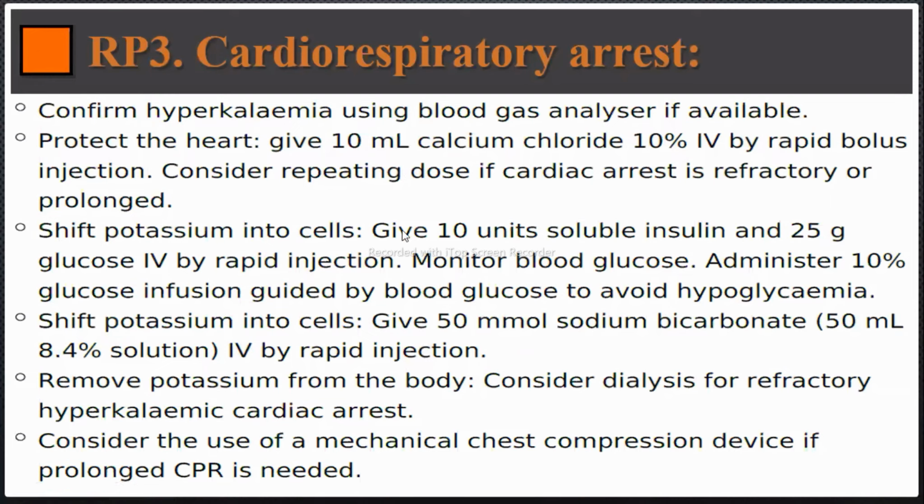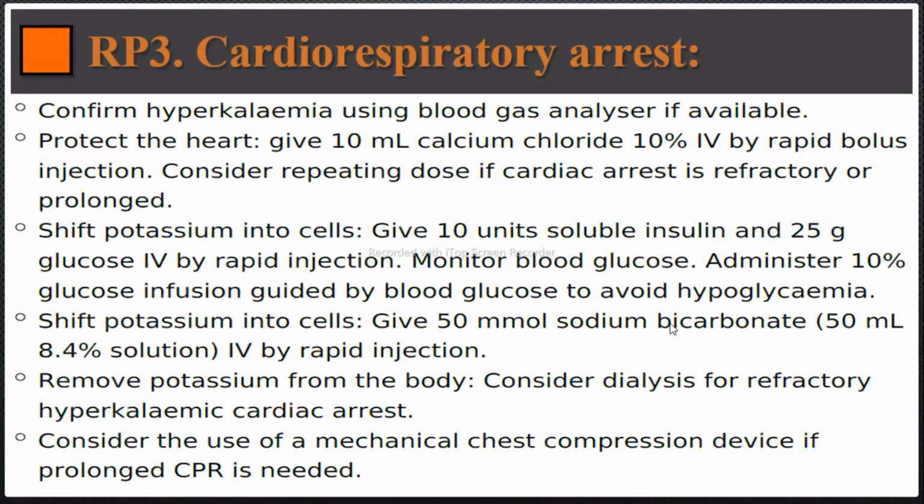So here, what else can you give rather than calcium chloride? You can give insulin and dextrose. Short-acting insulin, 10 units, and dextrose, 25 gram glucose. So if they ask what other option, you can choose insulin dextrose in the exam.